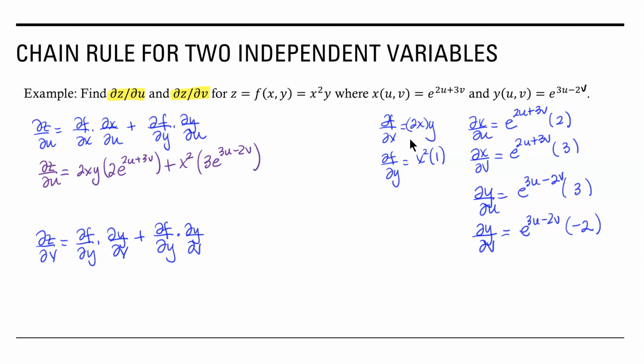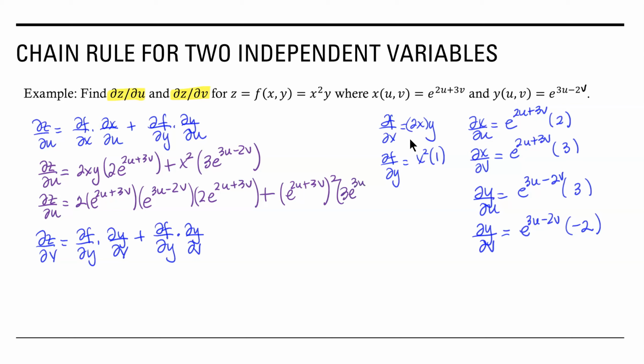And then we do need to substitute in x and y. So partial of z with respect to u is 2x, that's e to the 2u plus 3v, times y, that's e to the 3u minus 2v, times 2e to the 2u plus 3v, plus x squared, that's e to the 2u plus 3v squared, times 3e to the 3u minus 2v.